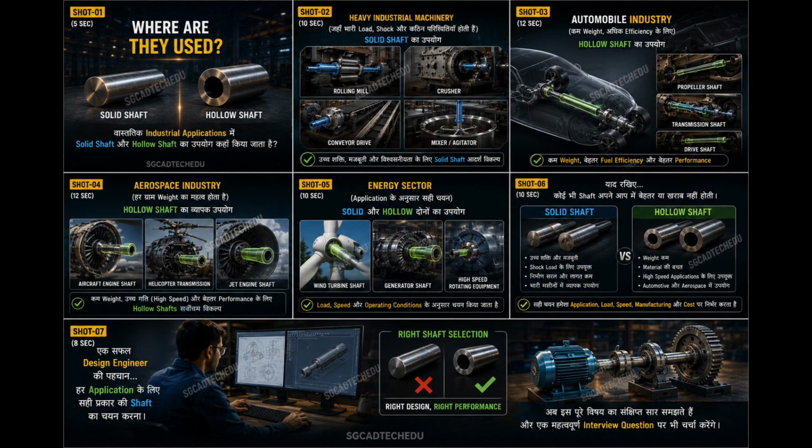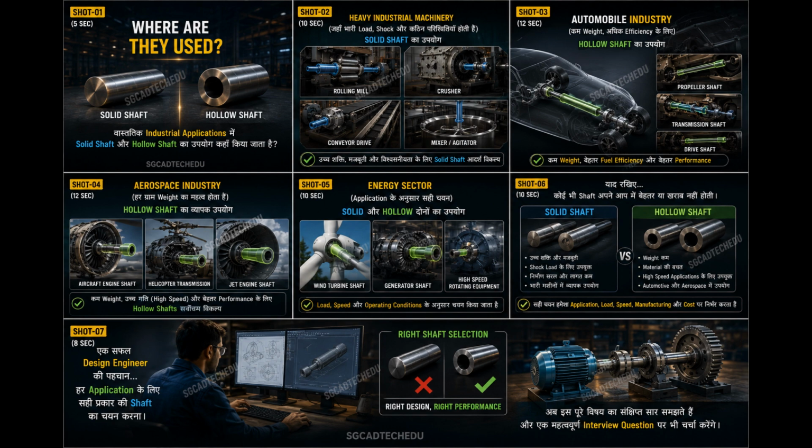Both solid and hollow shafts are widely used in industry, but their applications differ depending on engineering requirements. Solid shafts are commonly found in heavy-duty industrial machinery such as rolling mills, crushers, conveyors, mixers, and large pumps, where durability and ease of manufacturing are important. Hollow shafts are frequently used in automobiles, aerospace systems, robotics, and high-speed machinery, where reducing weight improves efficiency and performance.